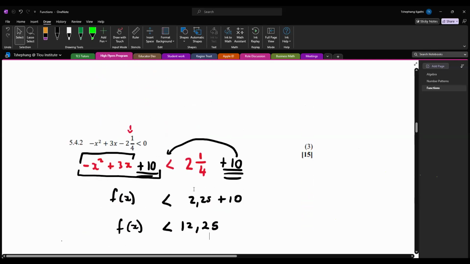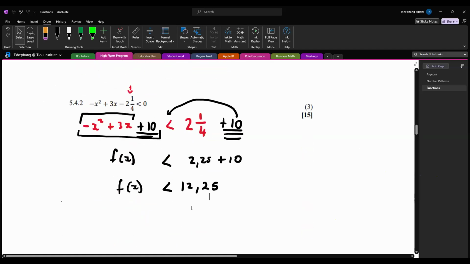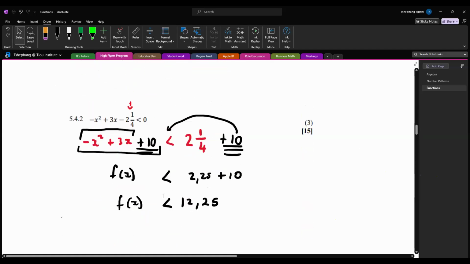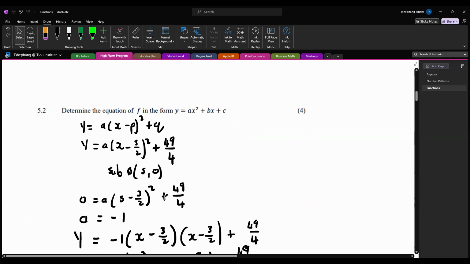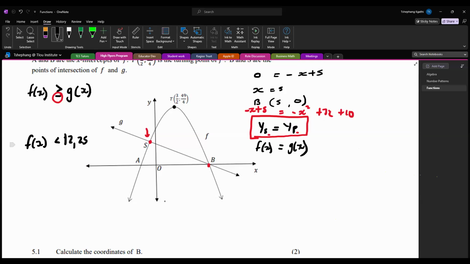Okay, just going to go back to our graph and see if what we are saying makes sense. So we said that f of x is less than 12.25.